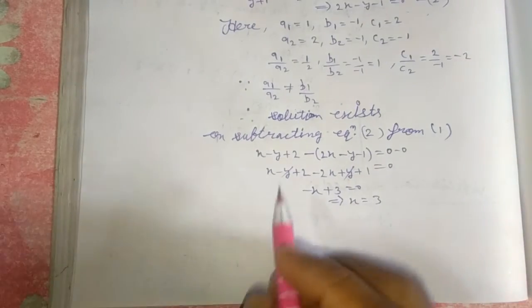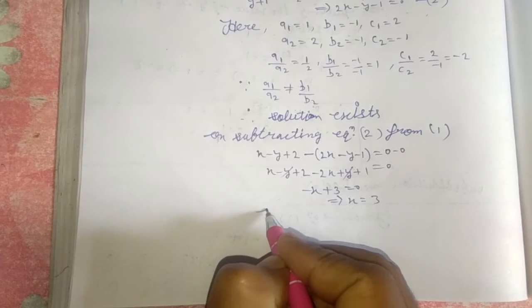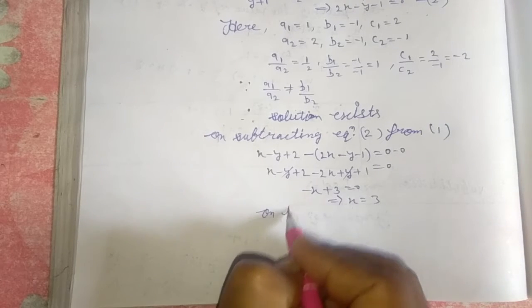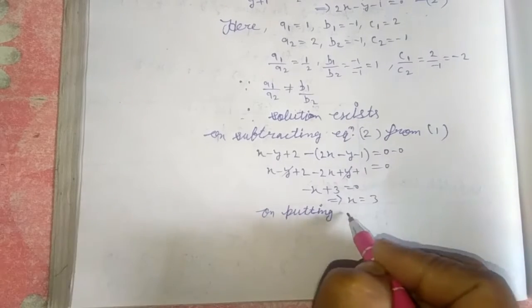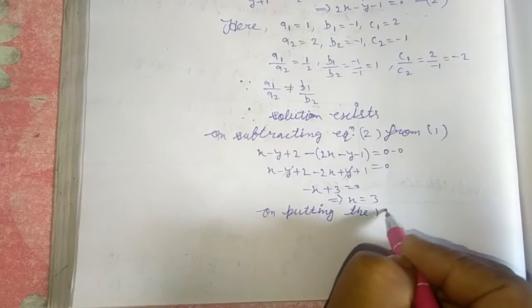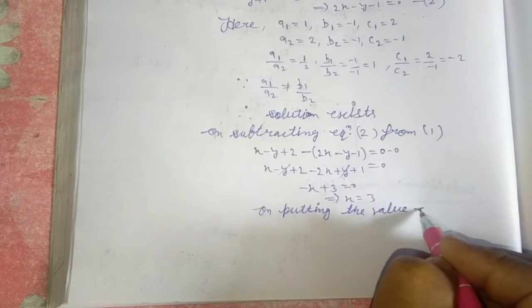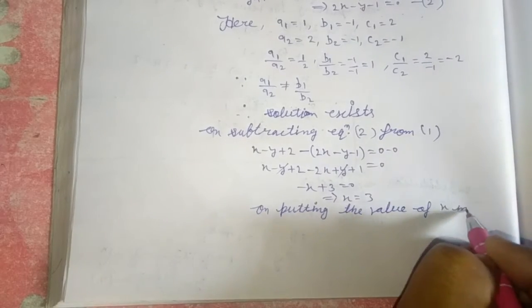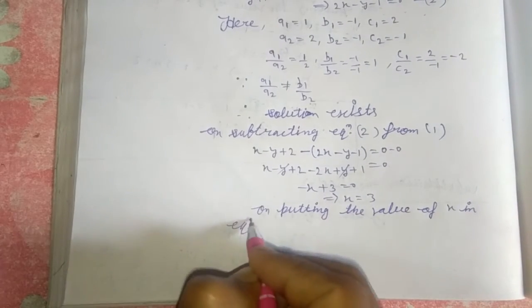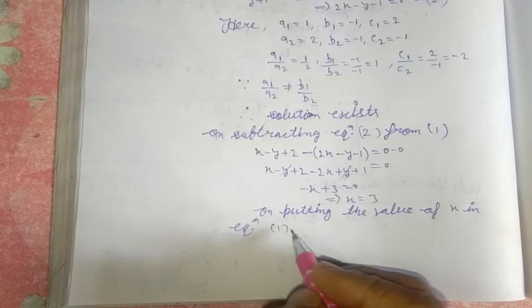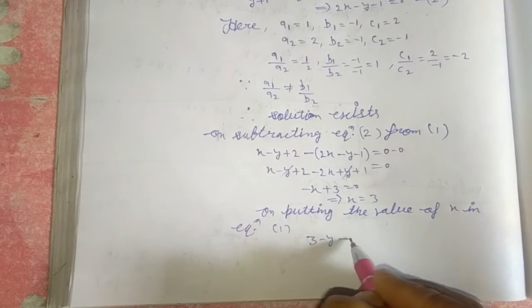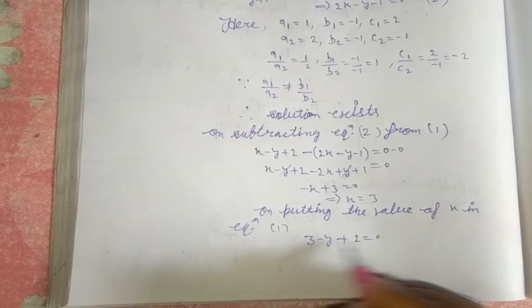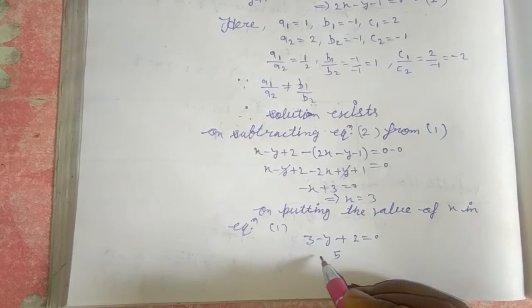Now putting the value of x in equation number 1, we get 3 minus y plus 2 equals 0. 3 plus 2 means 5.